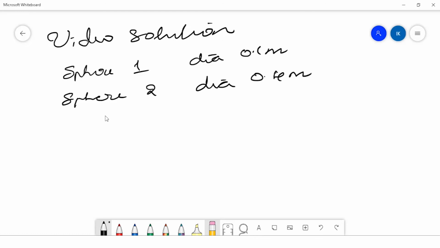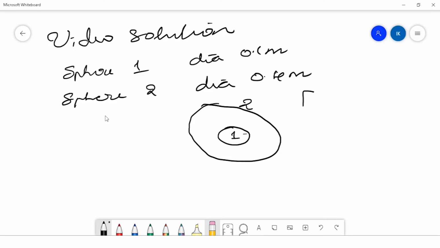So sphere 1 is here with a diameter of 0.1, and it is completely enclosed by another sphere 2. This is 1 and this is 2. What we are asked to find is F12.